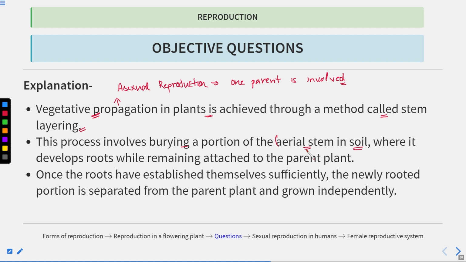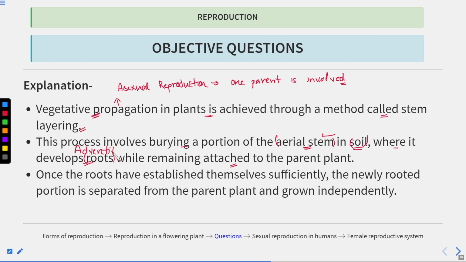A branch of the aerial stem is buried into the soil, where it develops roots while remaining attached to the parent plant. This means you bend the stem and bury it inside the soil, and after some time, roots start developing from this stem. These roots are called adventitious roots.